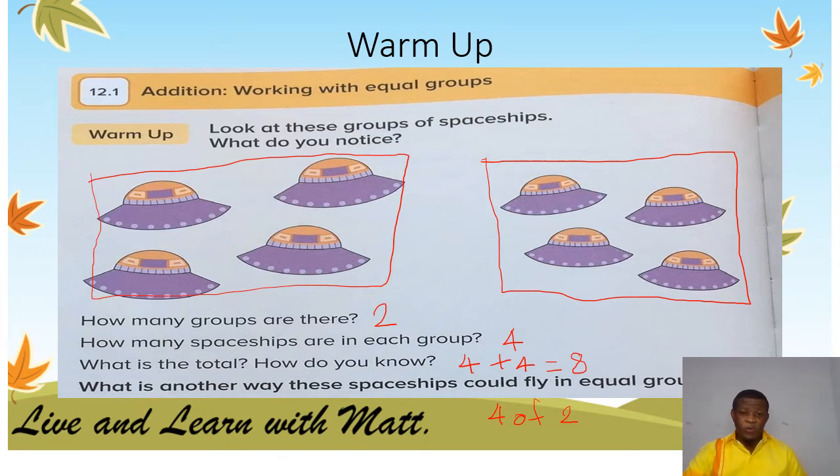So 4 groups of 2 will be 2 plus 2 plus 2 and plus 2. So 4 groups of 2s will give us the same amount, which is 8.